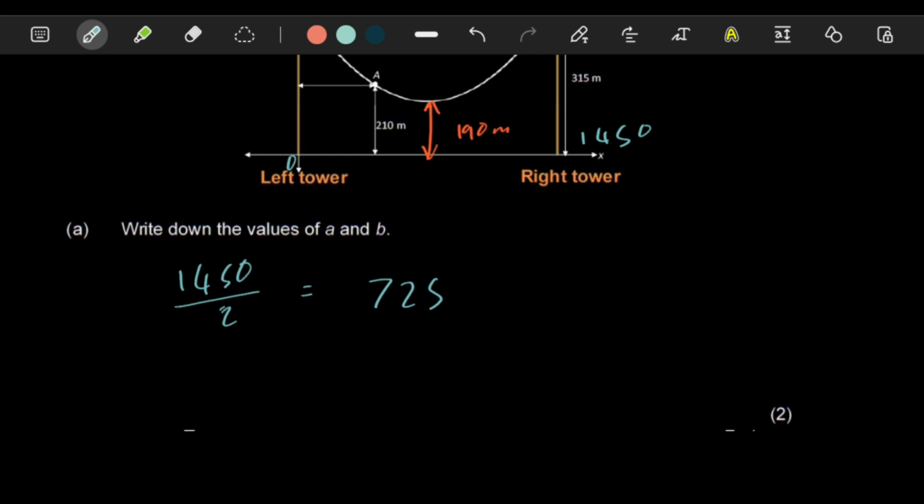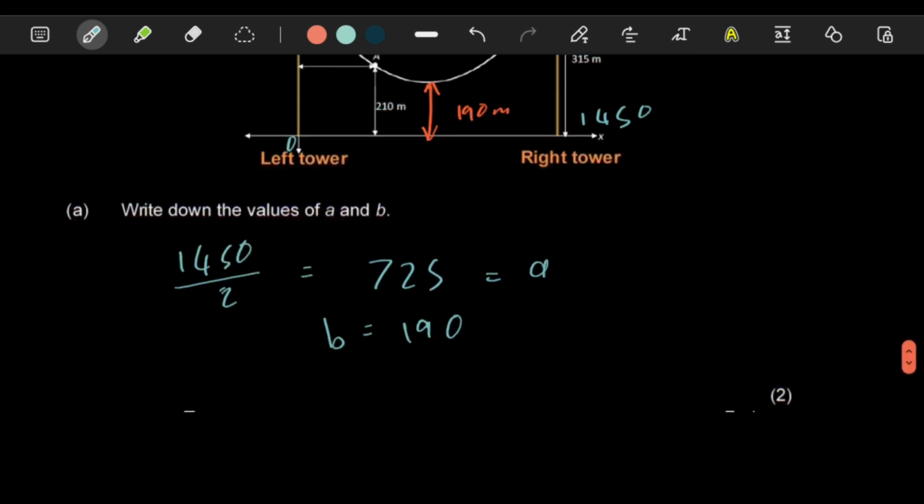Yeah, that's the middle. And then the y value is 190 above the x-axis. So here we can say this is A, and then B is 190. There we go. So that's A and B.